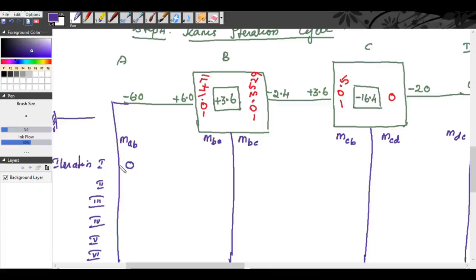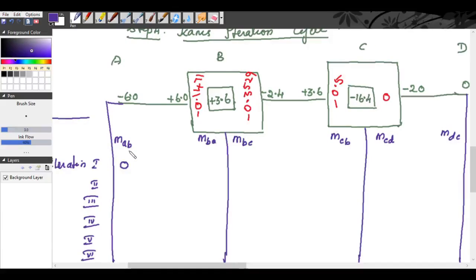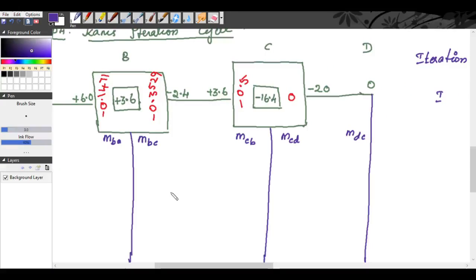Now, small m CD also will be equal to 0 in our first iteration.